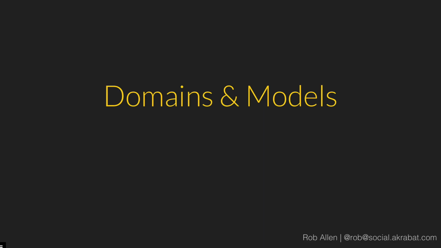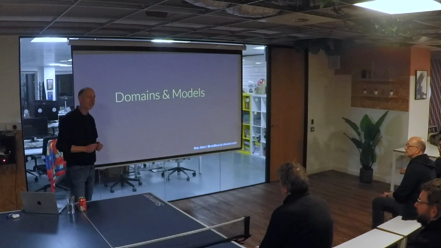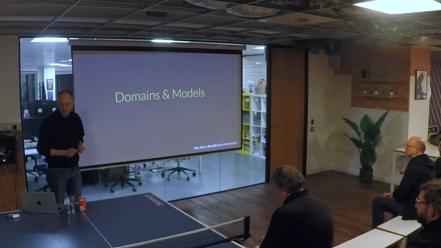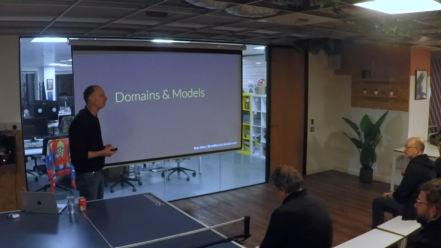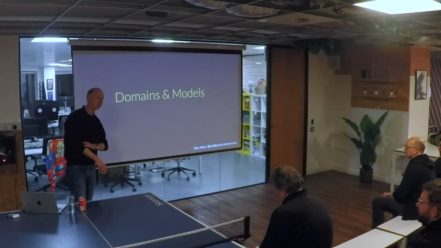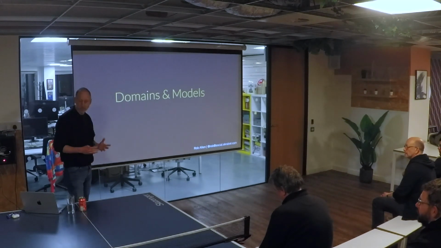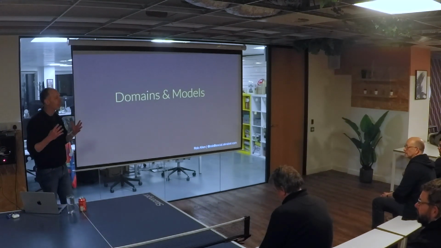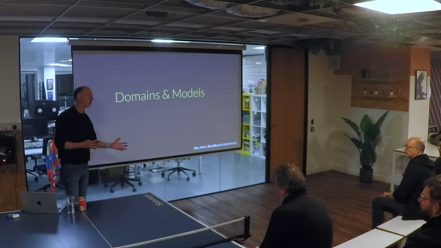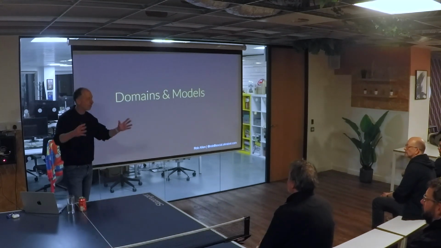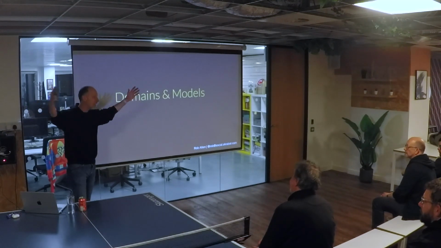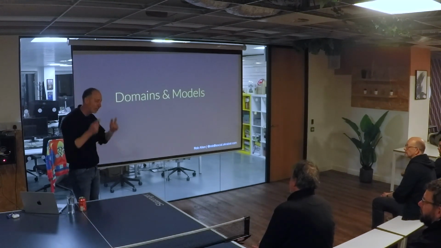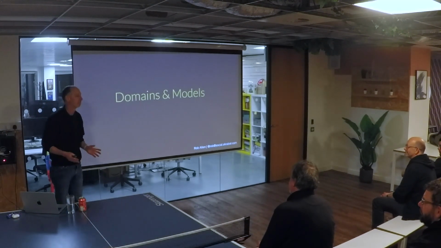I'm going to start with the strategic. Domains and models. We solve complex problems by creating models of them, which again is yet another piece of jargon. By model, I mean we create a representation of the real world that meets our needs, our understanding, a way to take a really complicated thing and make it small enough that our little brain can understand it.